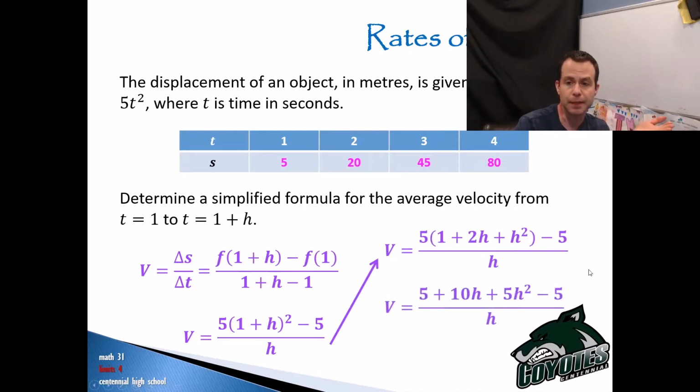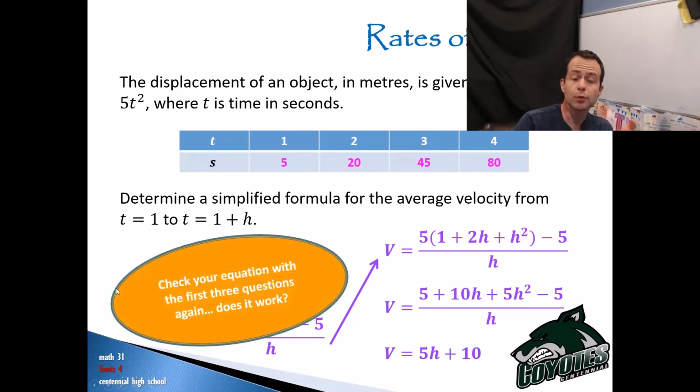So that ends up being, my 5's are gone. So 5h squared plus 10h all over h. I could factor out an h. Okay, and then that would leave me with 5h plus 10. So now this is a kind of generic velocity, average velocity function, 5h plus 10.